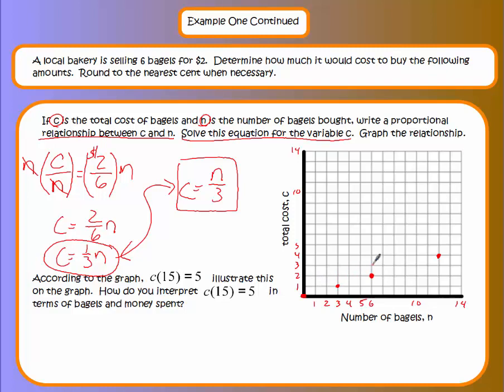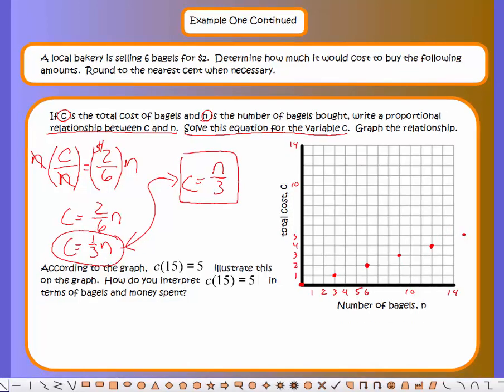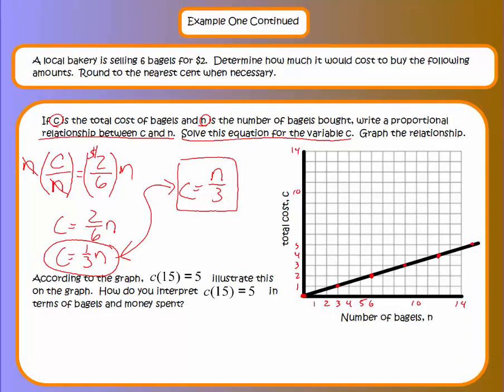Here's another point. There would have been one kind of out here somewhere. And this makes a straight line. Like that. So as the number of bagels increase, the total cost of the bagels also increases. And that's what this line is representing here. It represents that as the number of bagels increase, the total cost is also increasing.